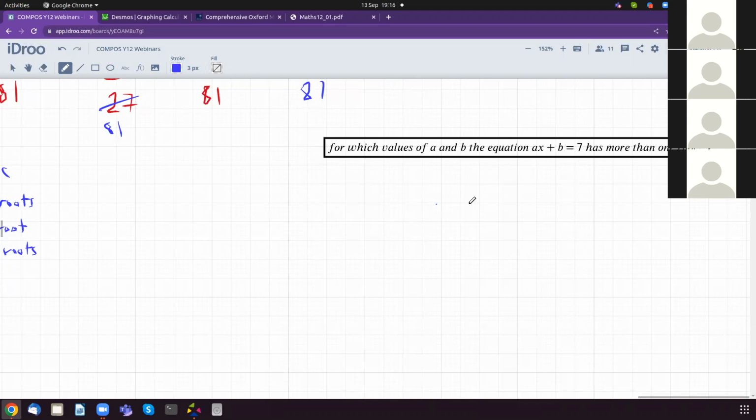Well, how is it possible that they have more than one root? In which case would it be multiplied by x? If you multiply this by x, this becomes a quadratic equation.